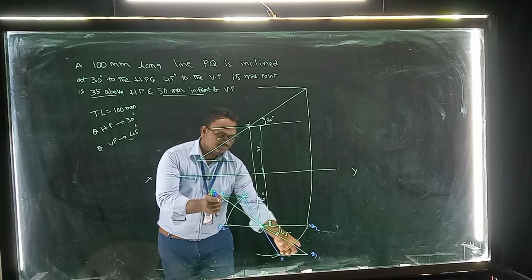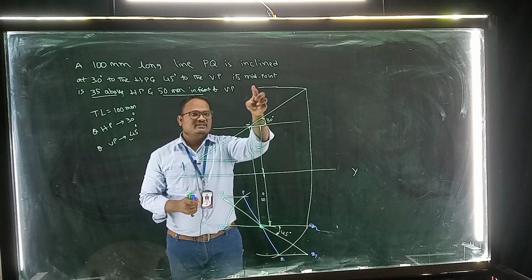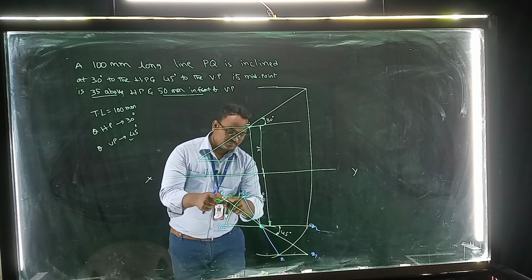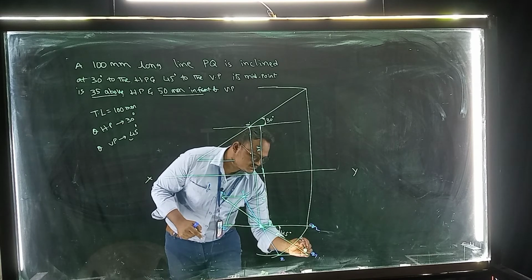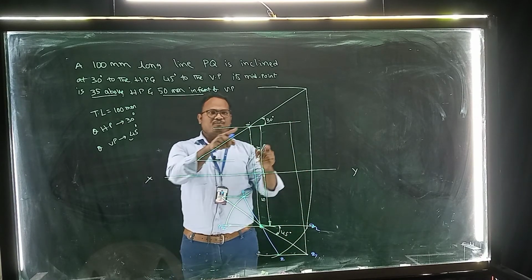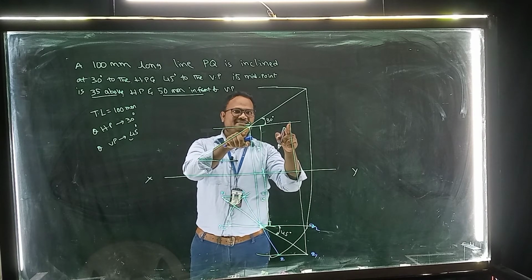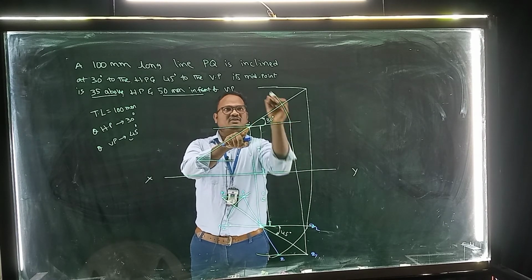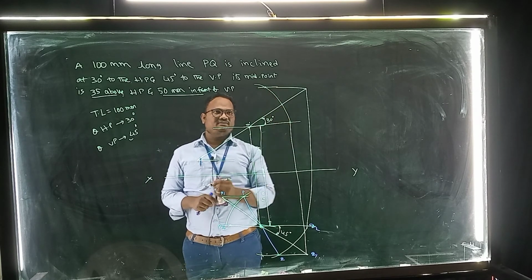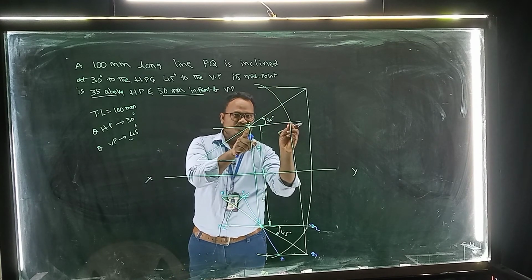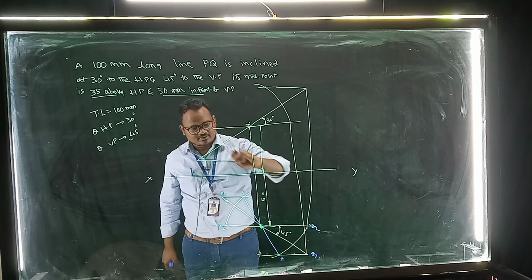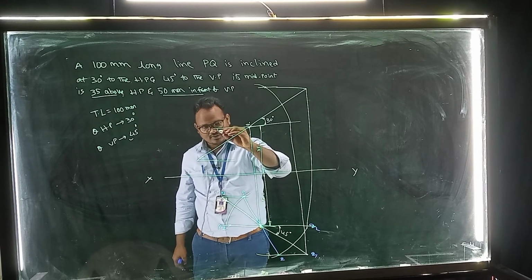Same procedure: from this true length we can find out the compressed front view also. From this true length, project vertically up to this midpoint. Now with M dash as center and this distance, draw an arc with the compass. This arc touches here. With the same radius, now with the center here, draw one more arc.